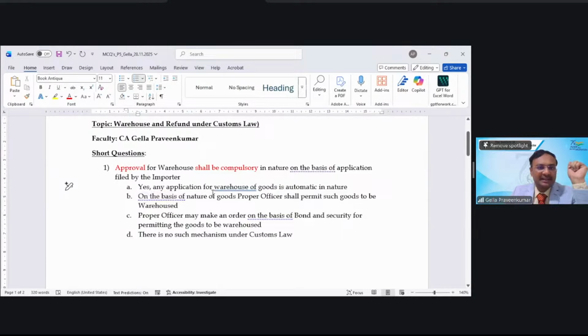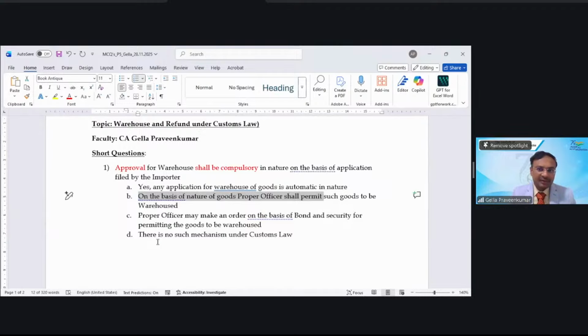Compulsory in nature on the basis of application filed by importer. First answer, yes. Any application for warehouse is automatic in nature. Now, how do you get an answer? Try to eliminate those answers which are not practically possible, right? So, approval, compulsory, I don't think it is possible. So, when they say yes, probably this is not an answer. On the basis of nature of goods, proper officers shall permit. Again, this also is in line with option A. All goods or specific goods.